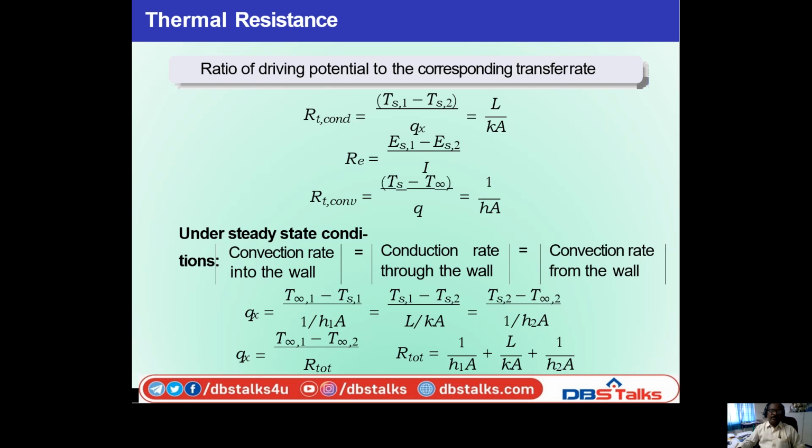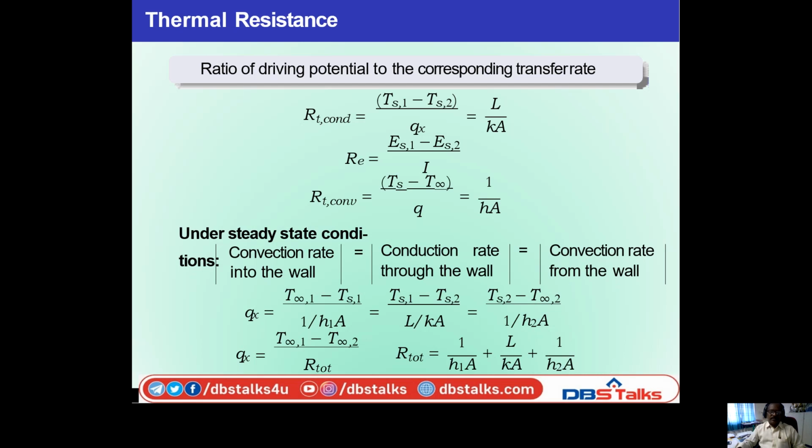Driving potential means temperature difference, divided by Qx. So for conductive heat transfer, (Ts1 minus Ts2) by Qx. If you substitute Qx, which is kA by L into (Ts1 minus Ts2), the temperature difference gets cancelled. Finally, we get L by kA, which is the thermal resistance for conduction.